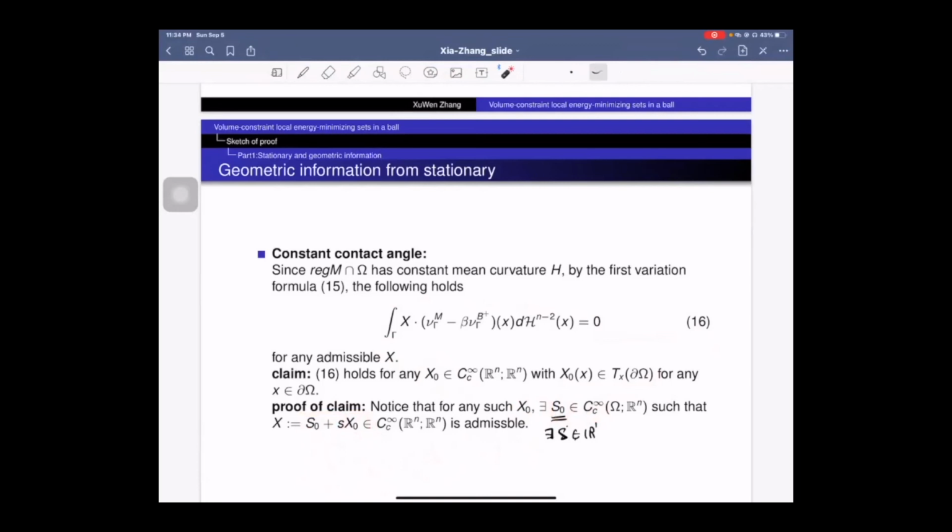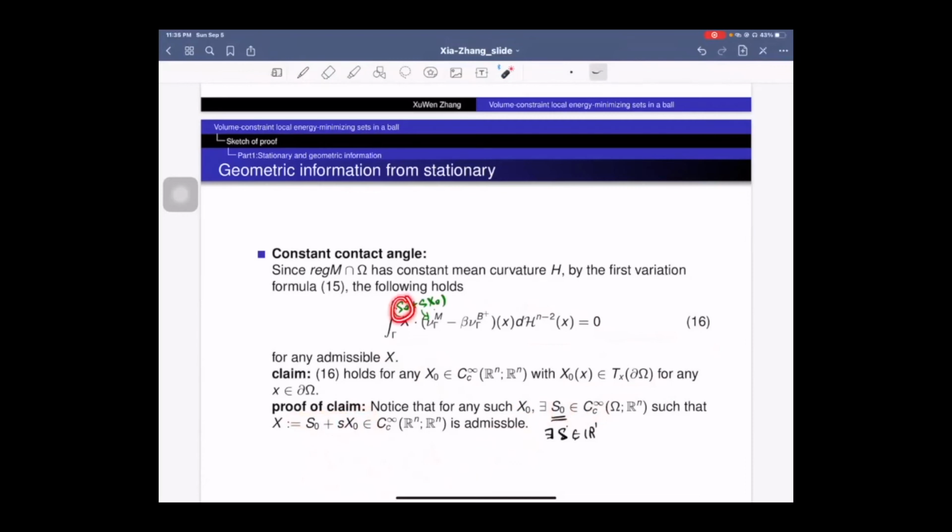So we can use this to test this formula, since it is admissible. And back to this formula, we see that the integration of S0 plus S times x0 dot with this is 0.